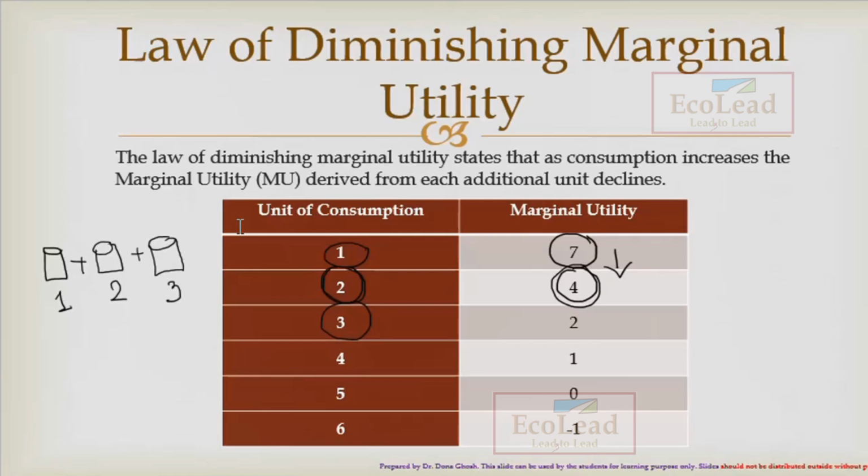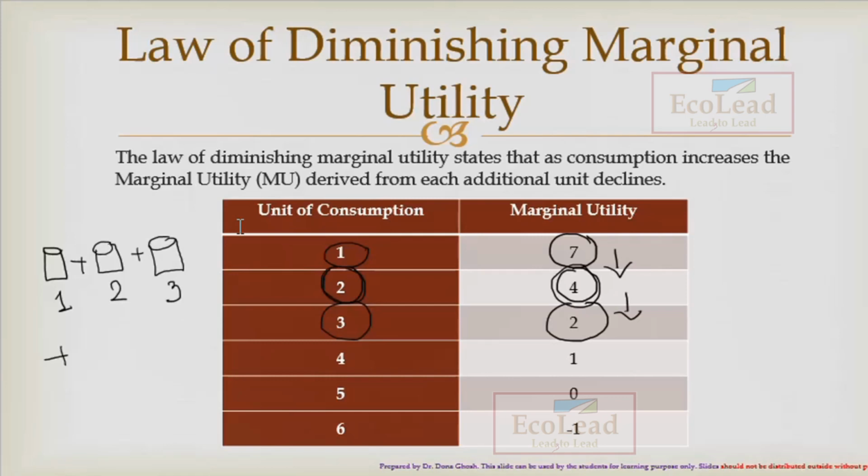This third glass will help you satisfy a want equal to 2 utils of marginal utility. So again marginal utility has gone down for the third unit from 4 utils to 2 utils. Correct?